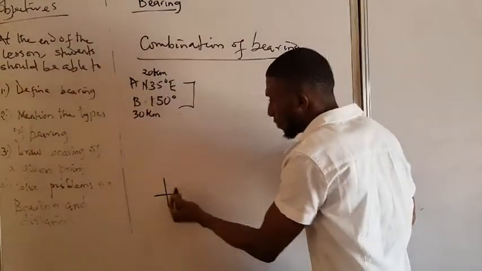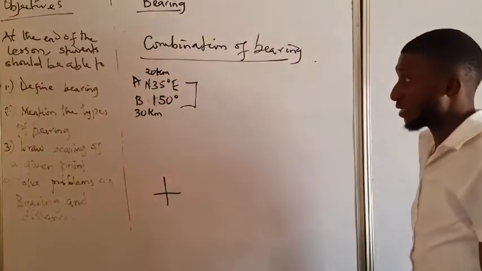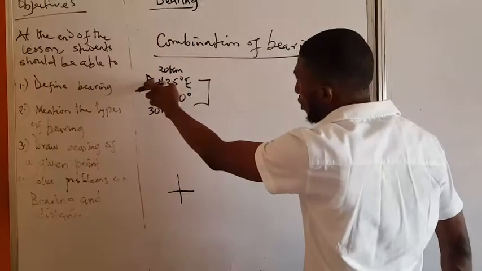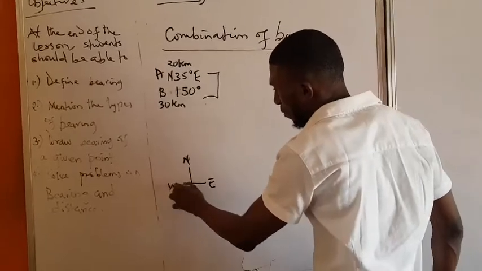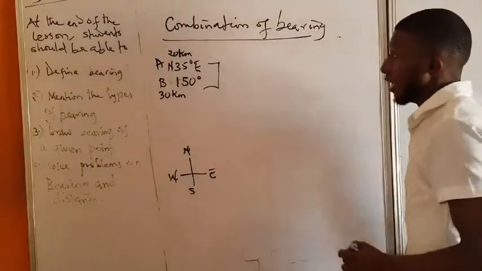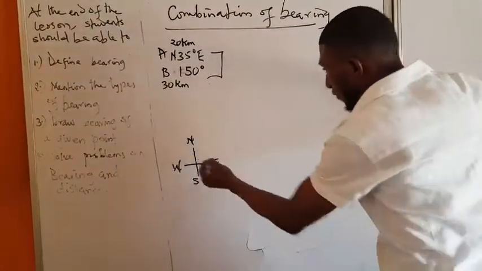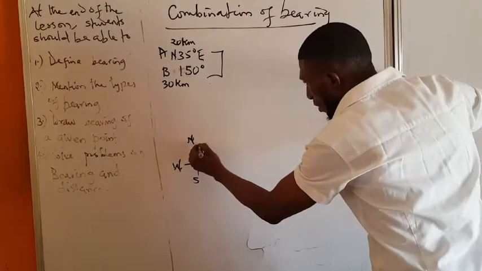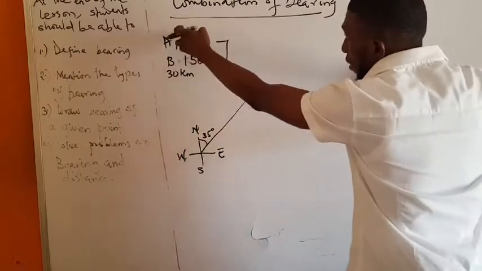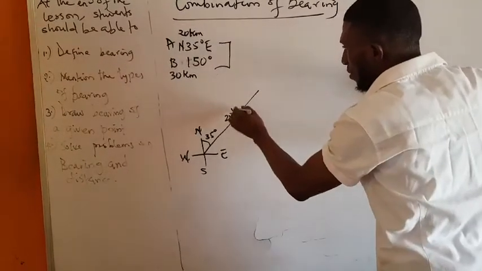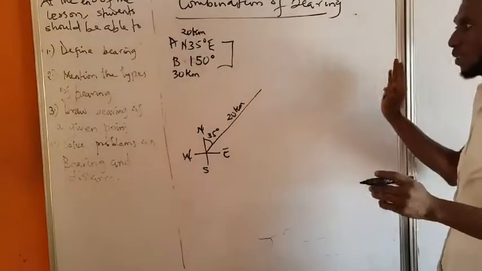From our normal 4 cardinal points, we have this one to be north 35 degrees east. This is north, this is east, west, and it is 35 degrees. Therefore, we measure 35 degrees from this north, and it covers 20 kilometers. We are done with that one.